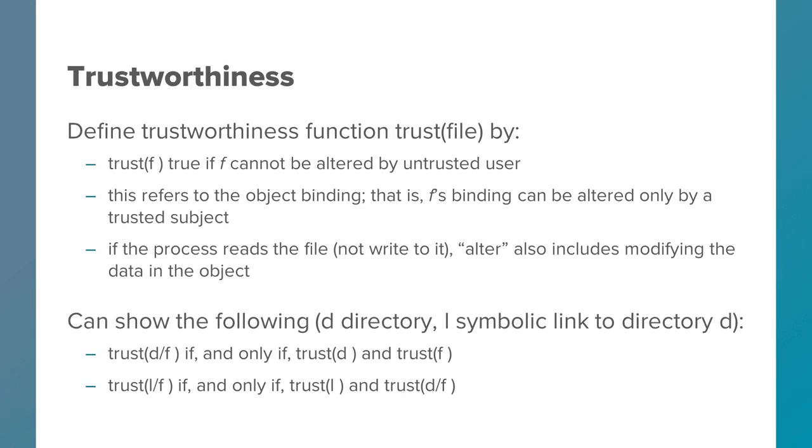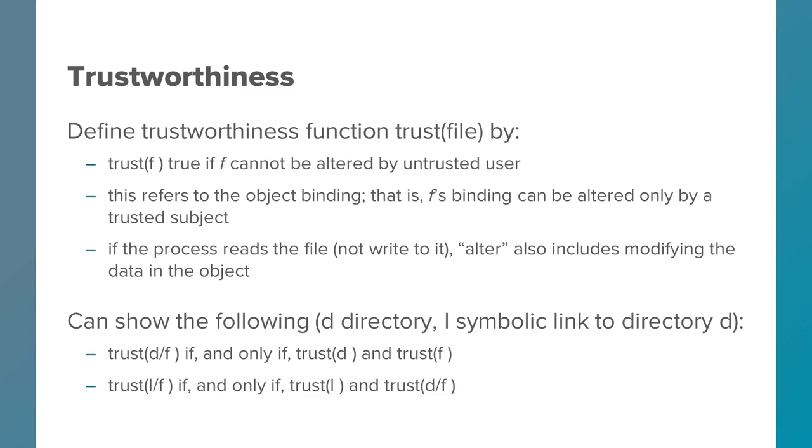The function returns true if the argument can't be altered by an untrusted user. And again, this refers to the binding of the name to the object. Now, you can prove, in fact, that if you give a path name to trust, and it's a directory/file, that's true if and only if both the directory and the file are trustworthy.